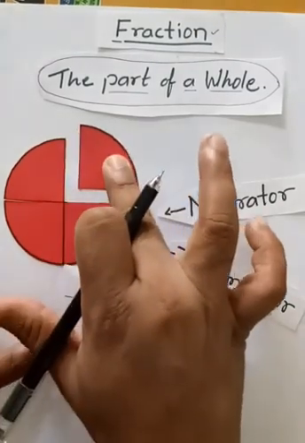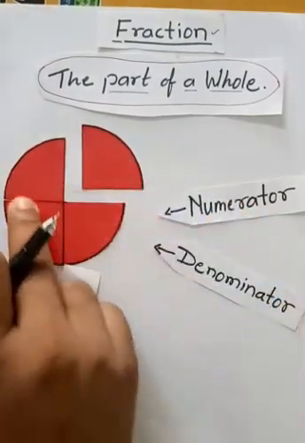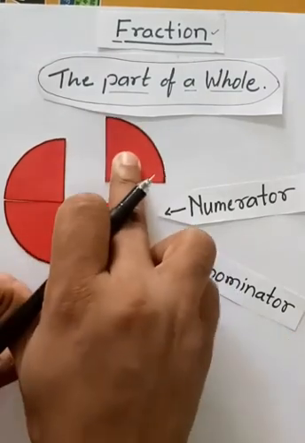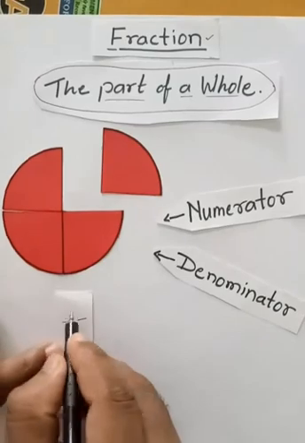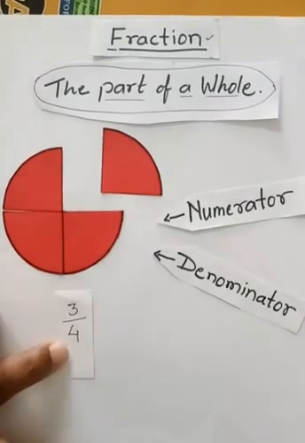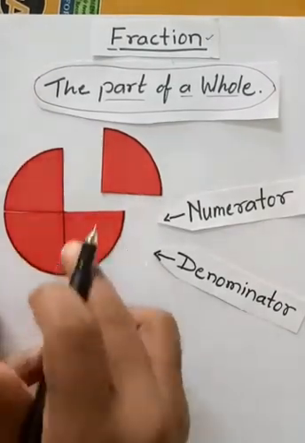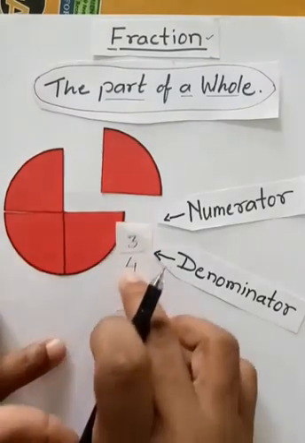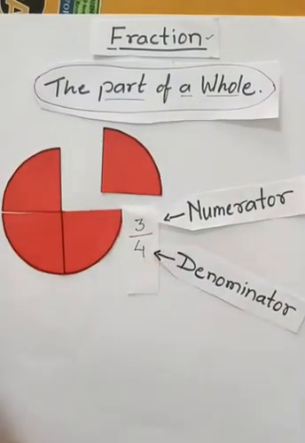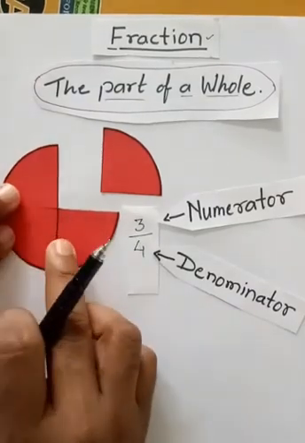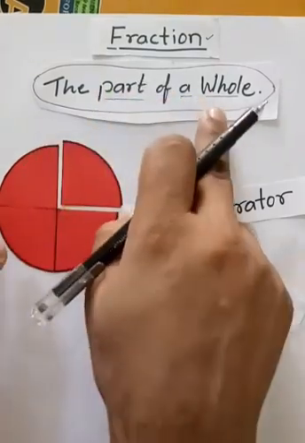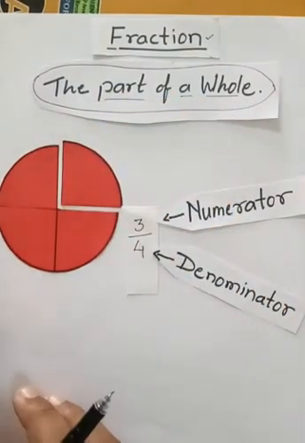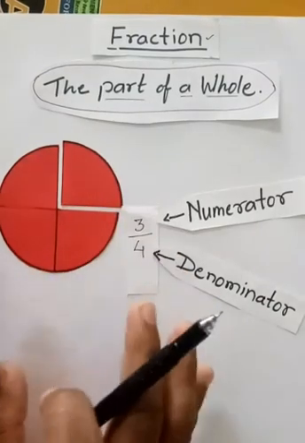And which part I'm selecting, or after removing 1/4, how many 1/4 are left? 3 are left, 1 2 3. So 3 by 4, if I keep it here, you come to know what the numerator is and what the denominator is. The numerator says how many parts there are, and the denominator says how many parts you have divided your whole thing into. I hope you all got at least what a fraction is.